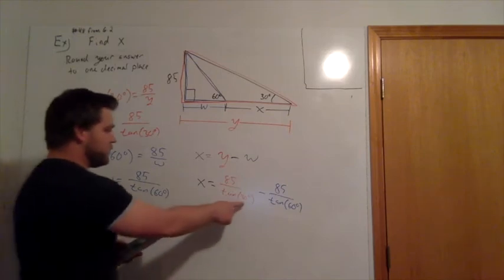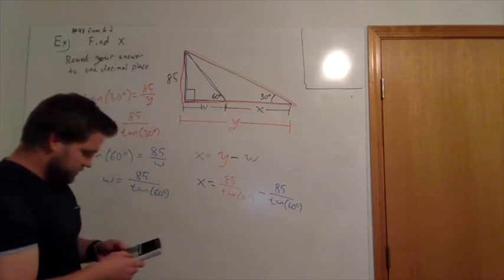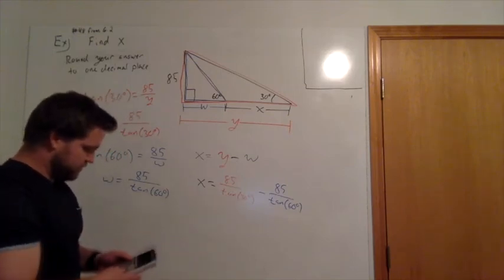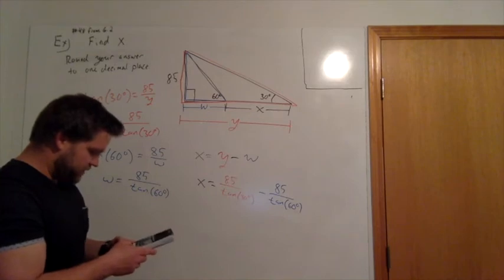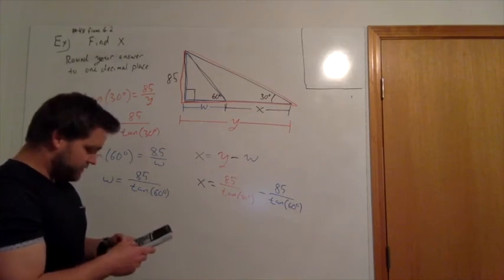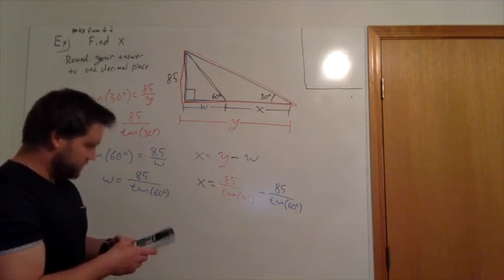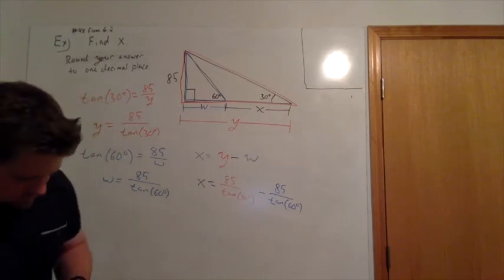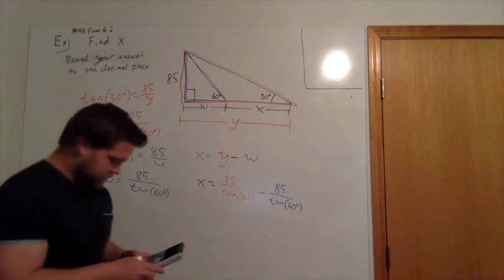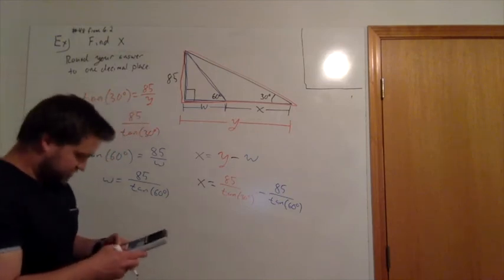Let's first make sure that we are in degree mode. So we'll check that. Mode, looks like I'm in degree mode. So we'll do 85 divided by the tangent of 30 minus 85 divided by the tangent of 60. Oh, 85 divided by the tangent of 30.